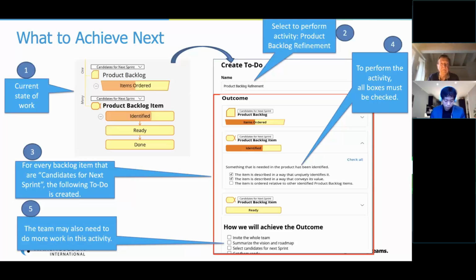Automatically, from the description and from the actual case, we create a to-do list here, to the right, that is automatically created. You have the check boxes that you need to fill in, and as you can see, two of them are filled in, but one is not checked. So you have a list, but then you can, in point 5, add new things that you think you need to do to achieve the outcome.